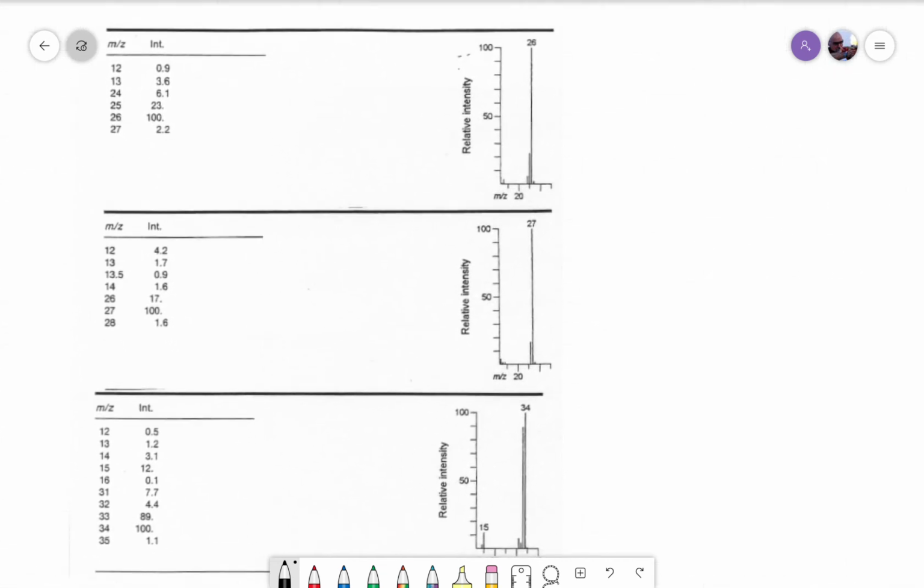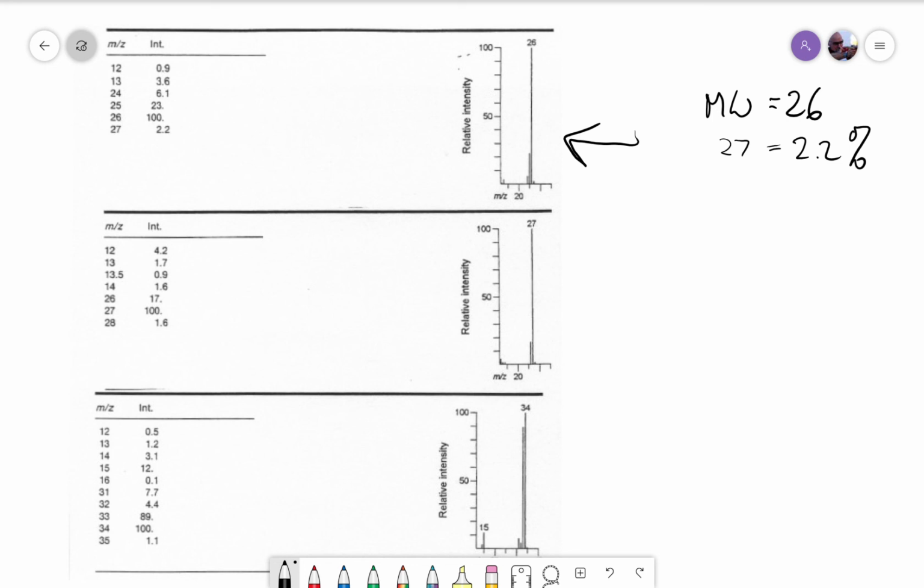We can continue this by looking at additional problems. In this problem, a somewhat smaller molecule for a simpler example, we have a total molecular weight of 26. We have an M+1 at 27 of 2.2%.